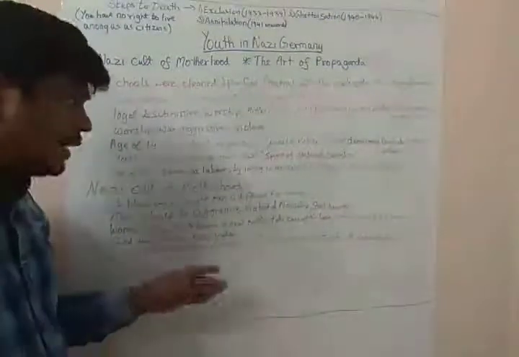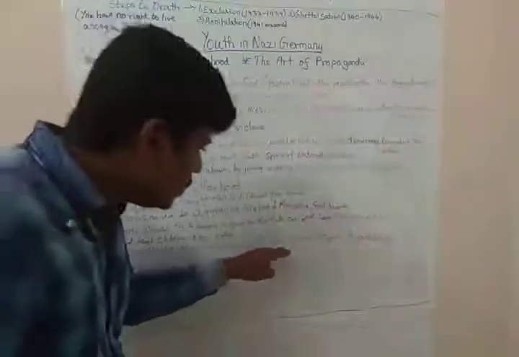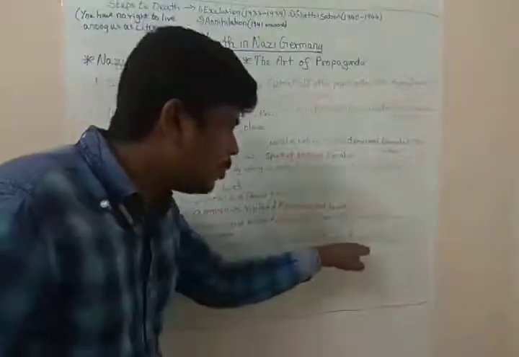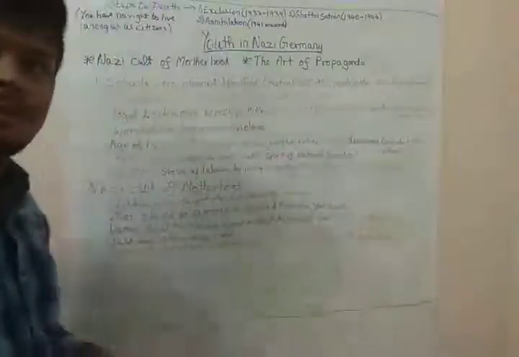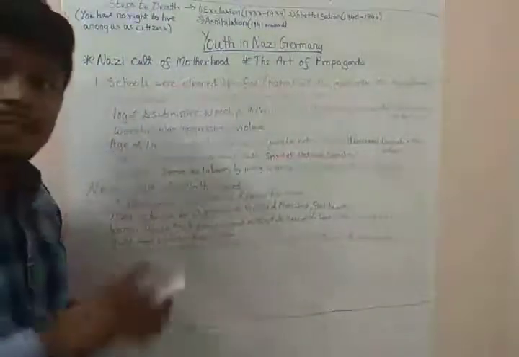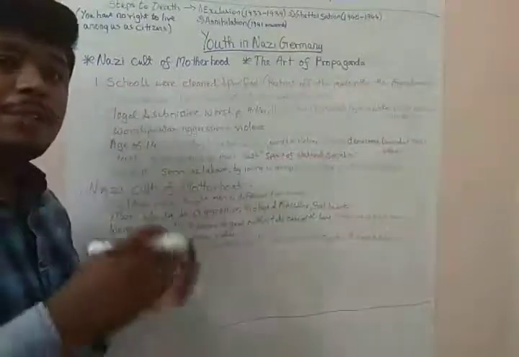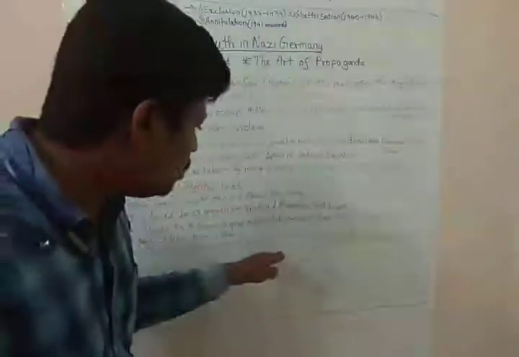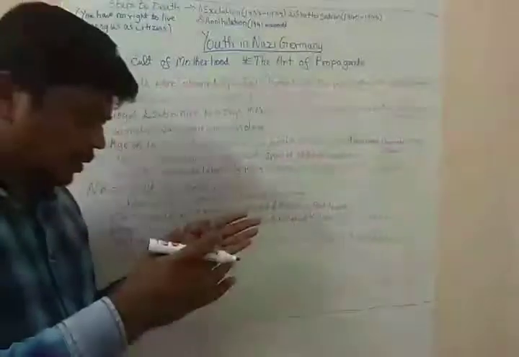So the woman should not have contact, from her childhood, with Jews, communists, Gypsies, and the Poles. The people from Poland were called Poles, and the Russians. Okay, and there was a strict rule. They should not marry a Russian or a Pole or a Jew or a communist or a Gypsy.